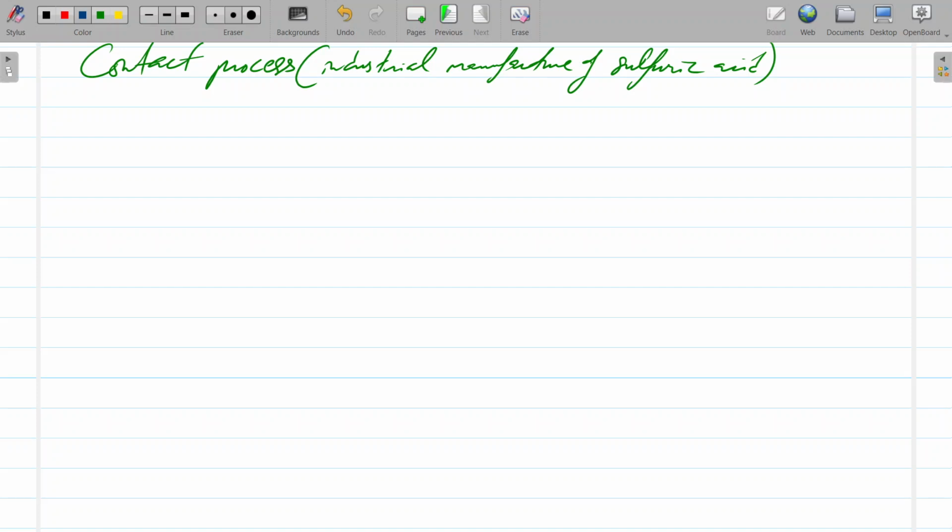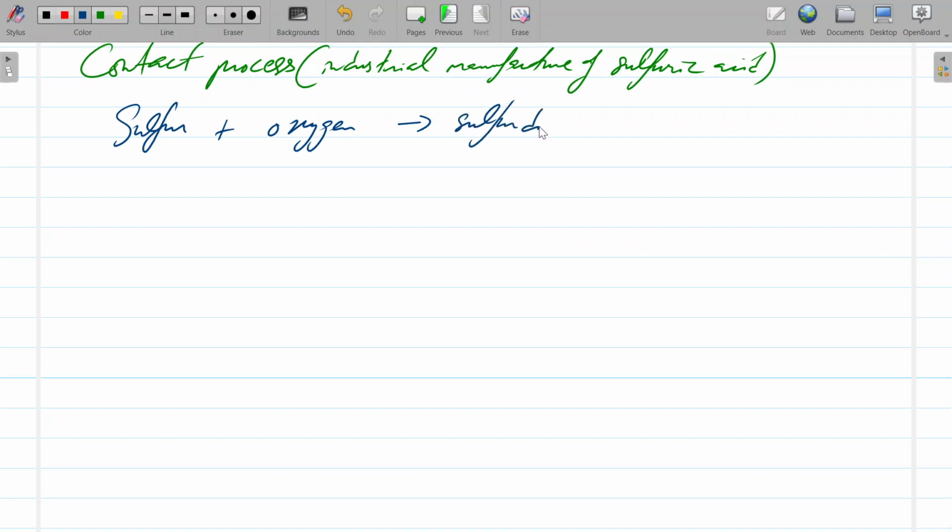So where is sulfuric acid used? It's used in paints and fertilizers and detergents and stuff. First of all, what we do is you take sulfur and burn it in excess of oxygen in air, right? So sulfur plus oxygen gives you sulfur dioxide.